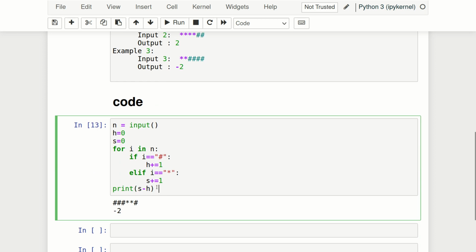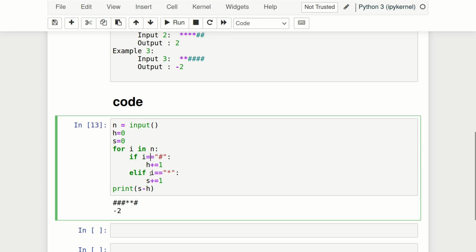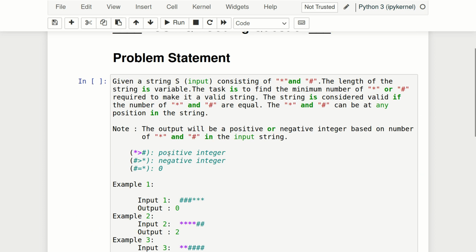So this was a bit of compact code, so you can use any other if else, then it will be easy, but after all this is good. Here, although I have given else if, if you just give else, then also it will be okay, because there are only hash and star. No extra characters are there.